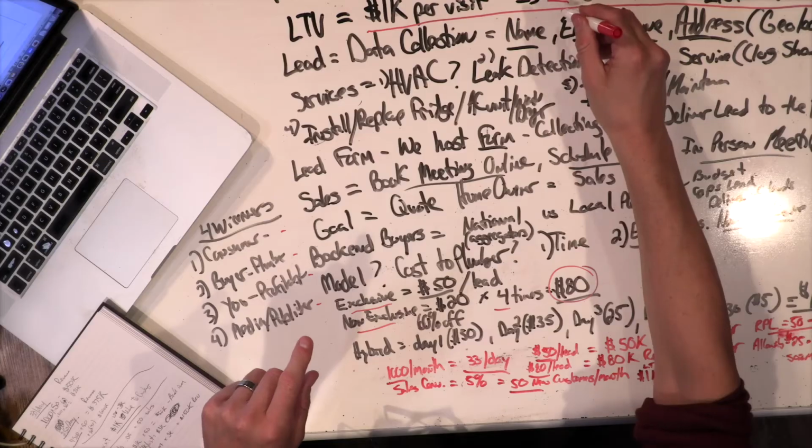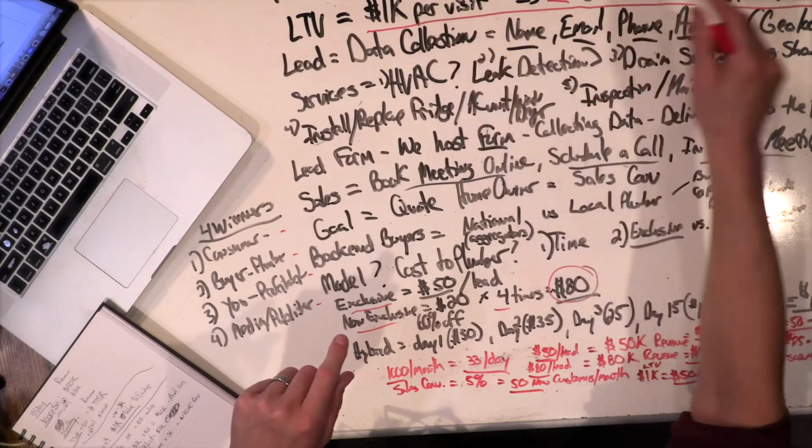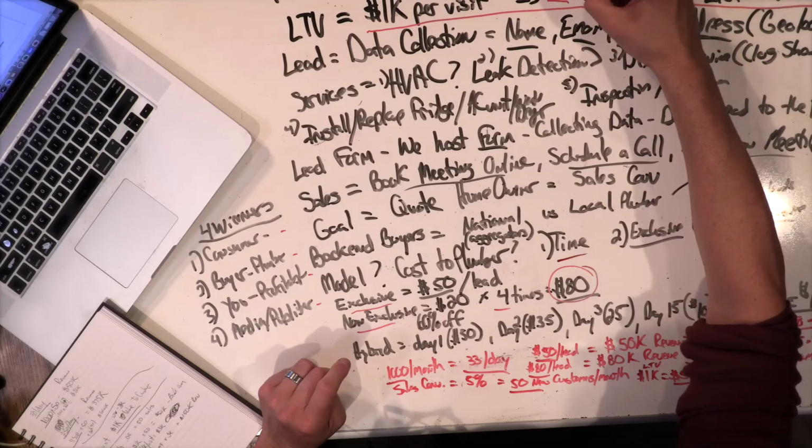But what we said was, every time a plumber gets a new customer, on average, they're going to get 3 visits. So on those 3 visits, at $1,000 a visit, the lifetime value of a new customer to a plumber is $3,000. So instead of them making $50K over a period of time, and like I said, time is always of the essence, how long until you get these 3 visits?